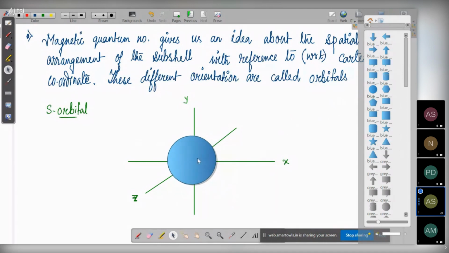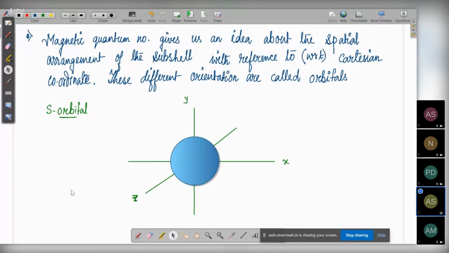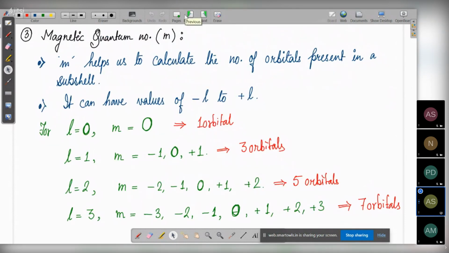So this is the shape of s orbital. As you can see from the shape, it's spherical, so only one type of s is possible. You cannot have any other possible combination of s. Because it is spherical, from whichever side you look, it is going to appear the same. So for s only one orbital, that means only one orientation, is possible. That is what we saw for l equal to 0, only one orbital.